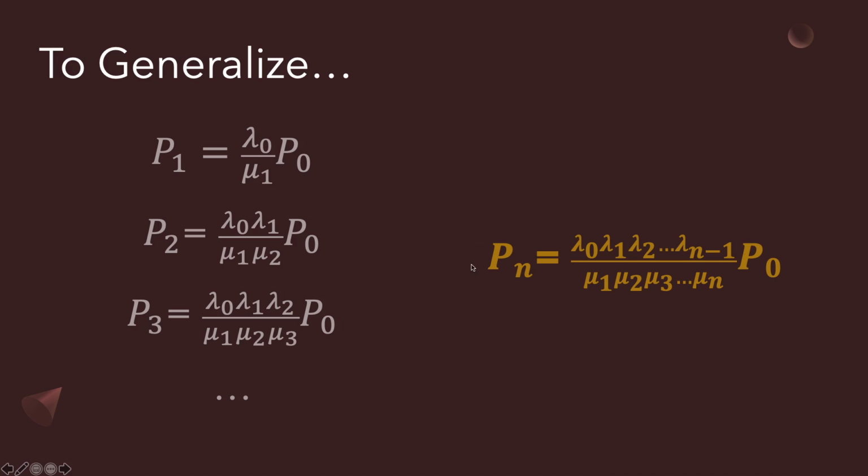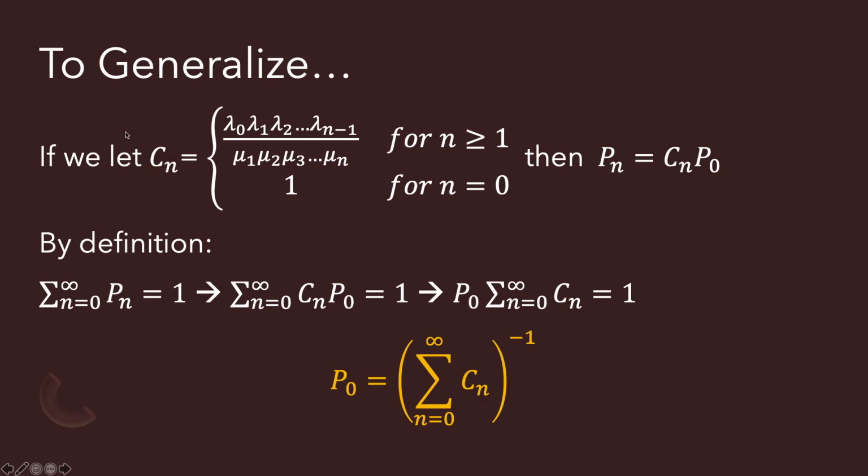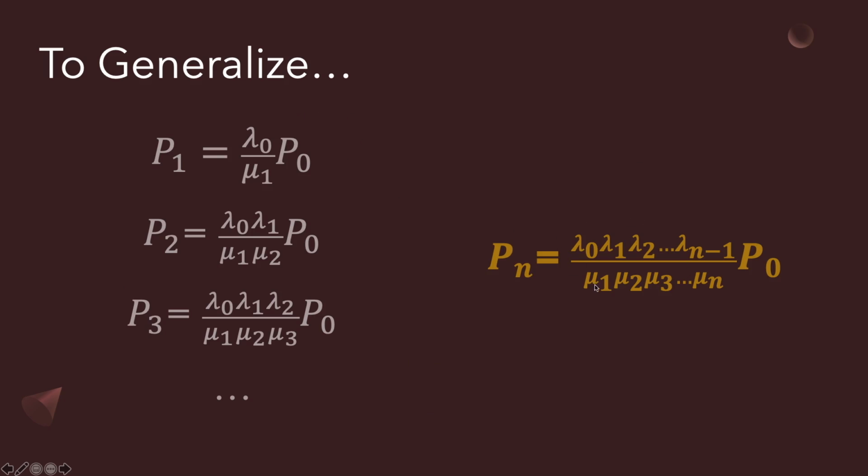Now, what can we do with this equation for P sub n? What I can do first is to give it a notation. Let C sub n be equal to the coefficient to the left of P sub 0. So I am letting this part of the equation, not including P sub 0, to be C sub n.